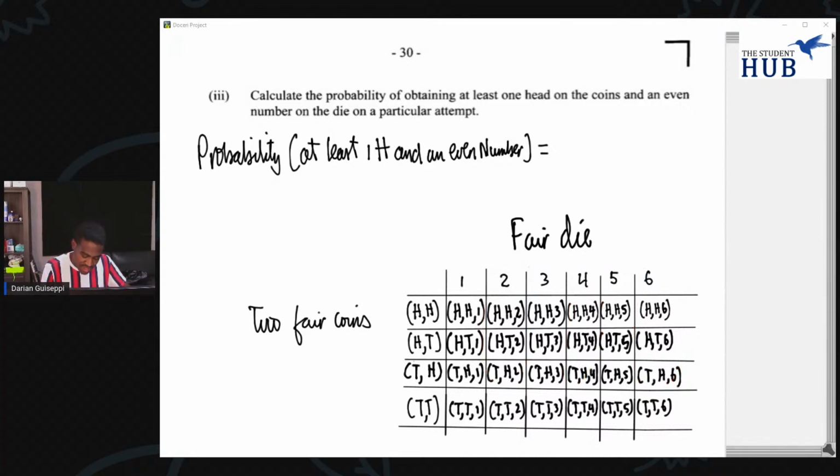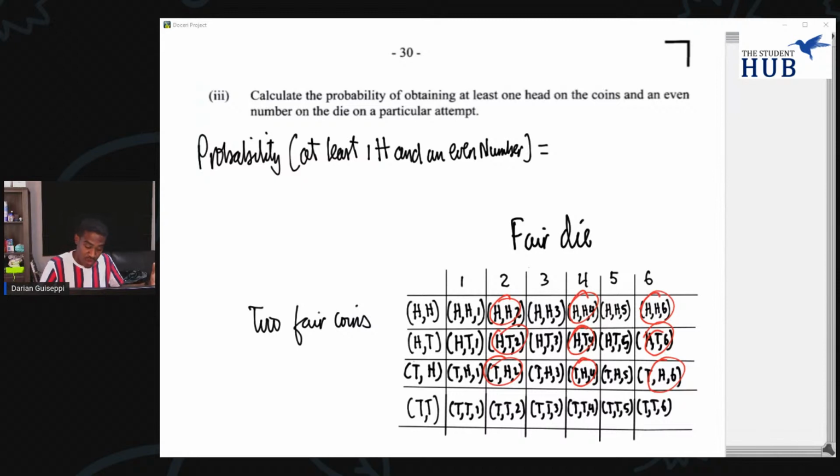You can clearly see at least one head and even, at least one head and even, at least one head and even there. Same thing here, here, here, and here. Check it out and you would see it. You can see clearly there are 9 outcomes there. You take those 9 outcomes and divide by 24, and that's your solution for this question.